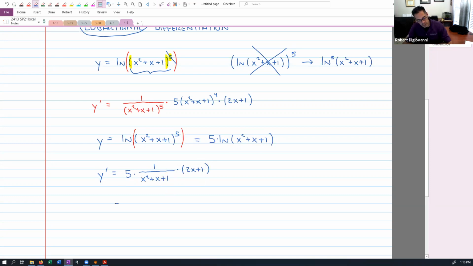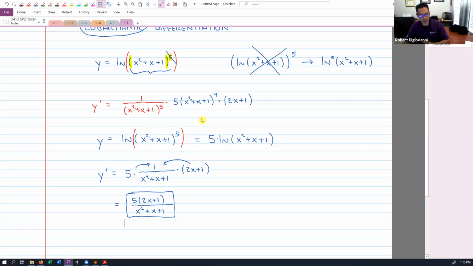We could, if we want to, write that as 5 times 2x plus 1 over x squared plus x plus 1. So I just slid this on top and slid the 5 up here on top and got this answer. And notice that this answer is much cleaner than this answer, but they are the same.